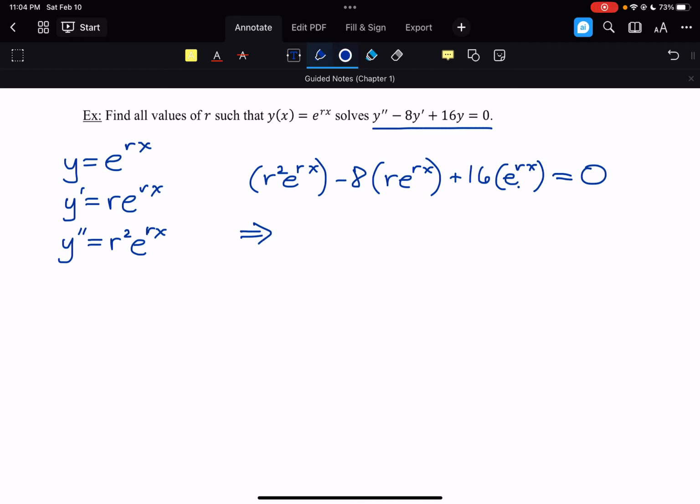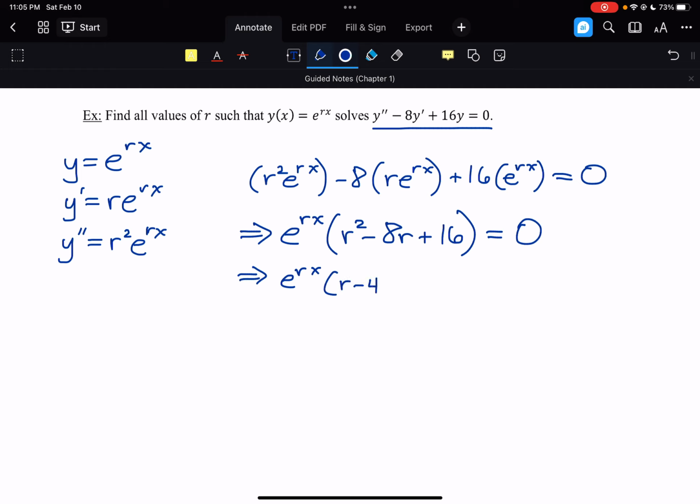Notice there is that common factor of e to the rx in everything, so let's factor it out. We'll be left with r squared minus 8r plus 16 all equals 0. This object within the parentheses is factorable, so it gives us r minus 4 quantity squared. So we have e to the rx times r minus 4 squared equals 0.